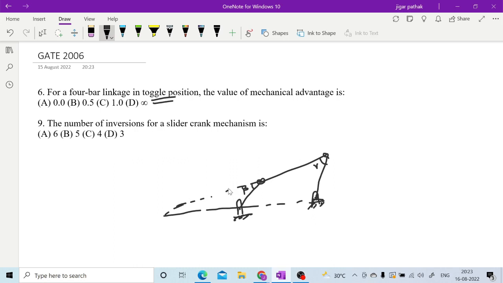And you can draw a perpendicular from both of these points.